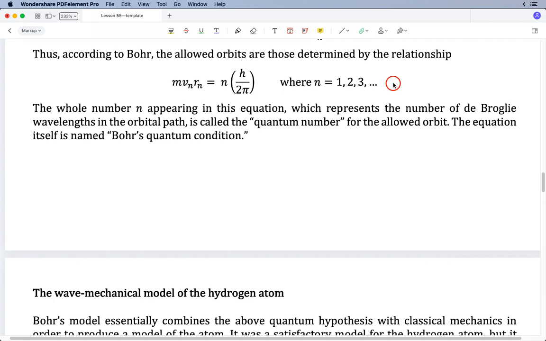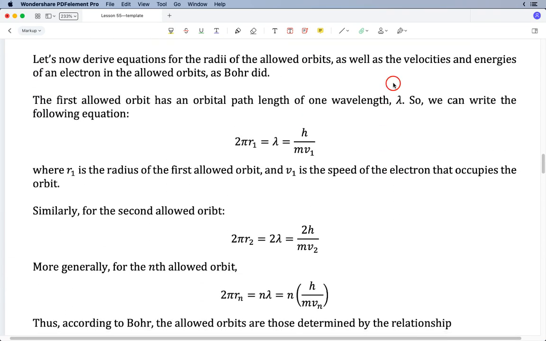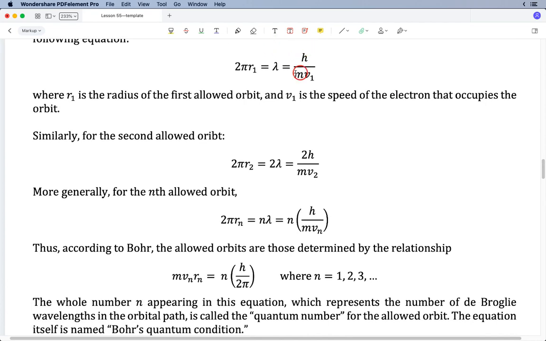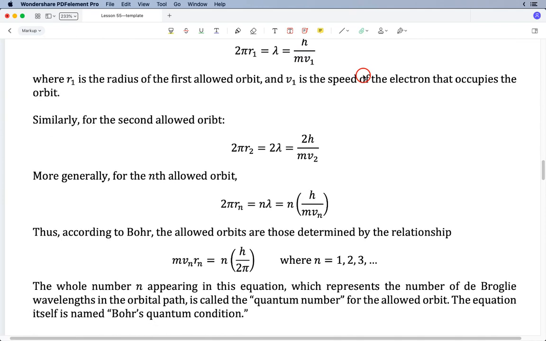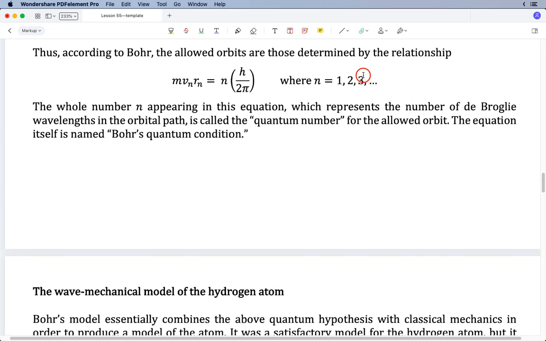The way we arrived at this relationship was by treating our electron as having wave-like behavior, right? Because here we're dealing with de Broglie wavelengths. We're treating our electron as being like a wave. This relationship comes about if we think of our electron as behaving like a wave, so there is quantum mechanics involved in this.